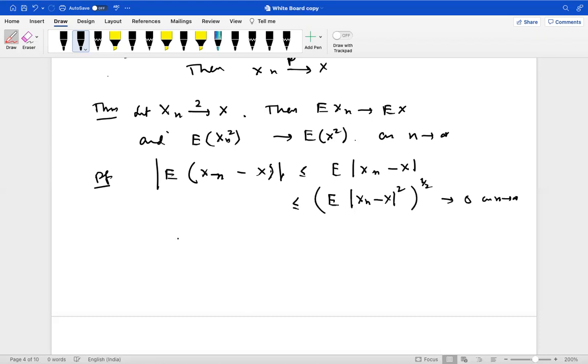It is given. Now how do we show that the expectation of Xn square goes to expectation of X square?